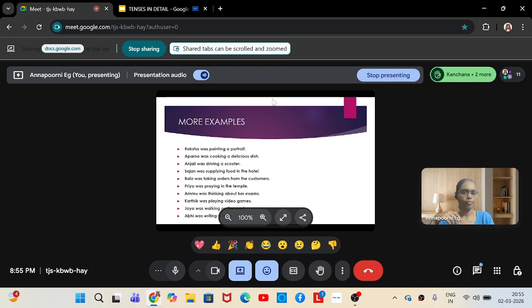Was painting a portrait. Brenna was cooking a delicious dish. Anjali was driving a scooter. Sanjan was supplying food in the hotel. Bala was taking orders from the customers. Good. Divikshan.